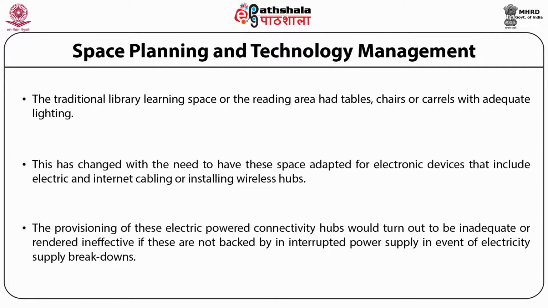The provisioning of these electric powered connectivity hubs would turn out to be inadequate or rendered ineffective if these are not backed by uninterrupted power supply in event of electricity supply breakdowns. So, in addition to the core technologies, space needs to be planned for systems such as uninterrupted power supply. So, when you talk about technology management today, space management is also a key factor that one needs to consider.